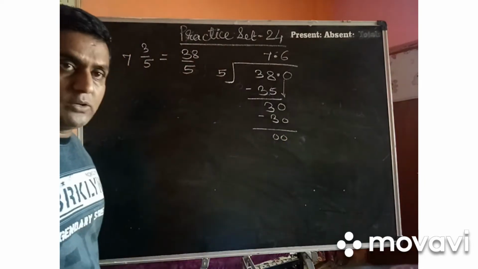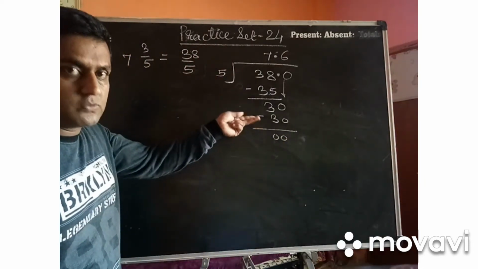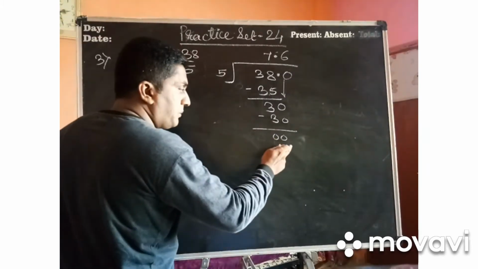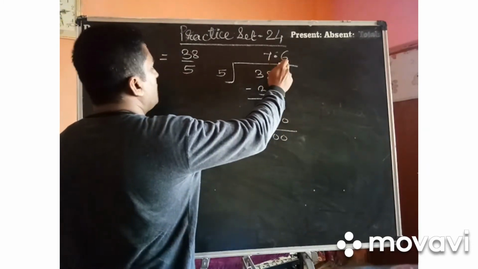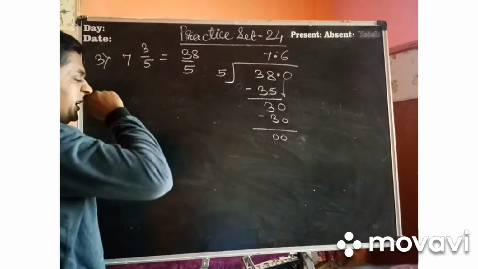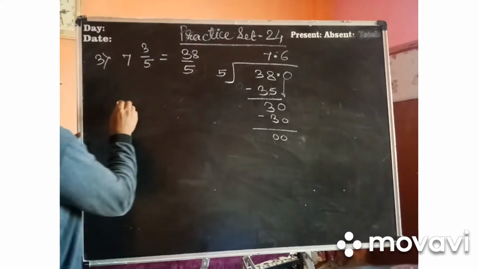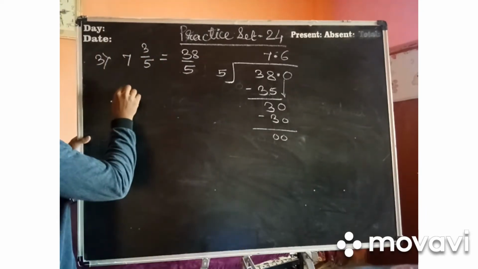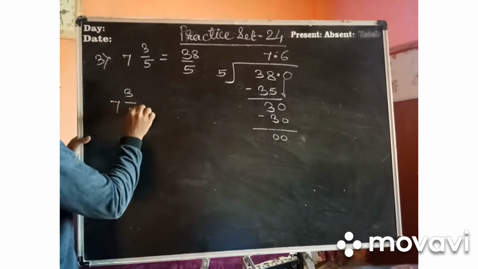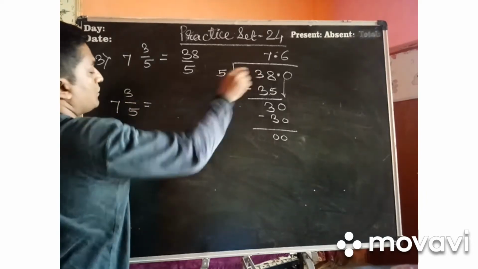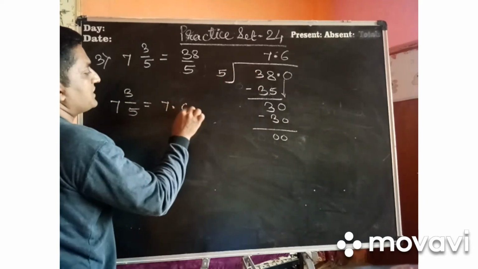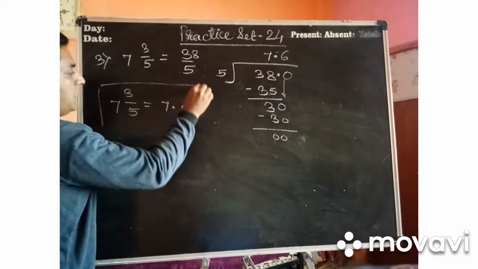It is a terminating one and a very small solution for this. Very good. So 0 remainder has come, means the solution of this question is terminating. So I'll write down 7 3 upon 5 is equal to 7.6. This is your final answer.